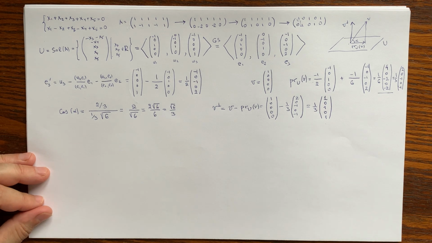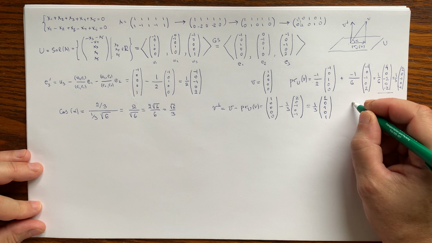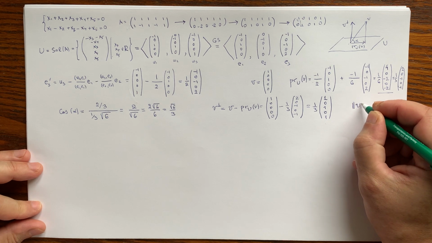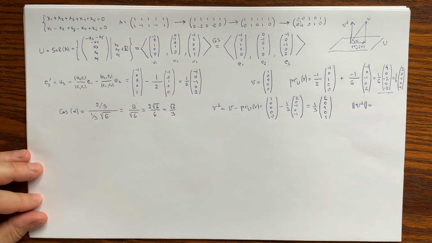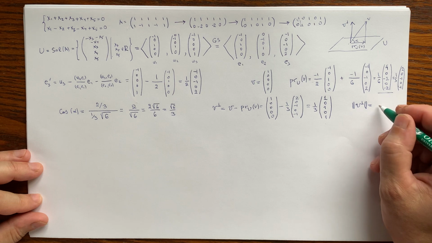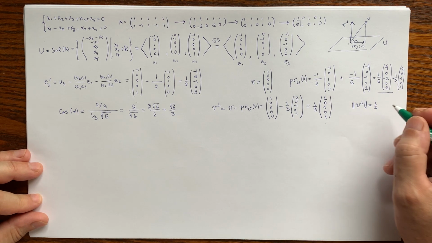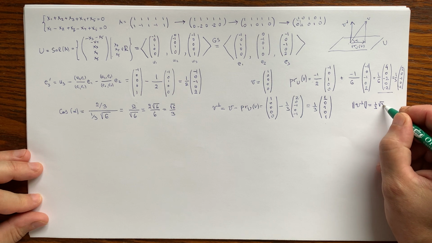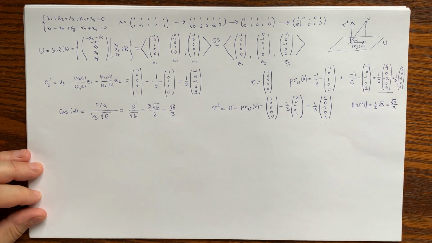At least in that we don't see any contradiction. And finally, computing the distance, which is the same as the length of this orthogonal component, is computing the length of this vector. It will be 1/3, and then the square root of the sum of the squares of the coordinates, so square root of 3. So the answer is square root of 3 over 3.